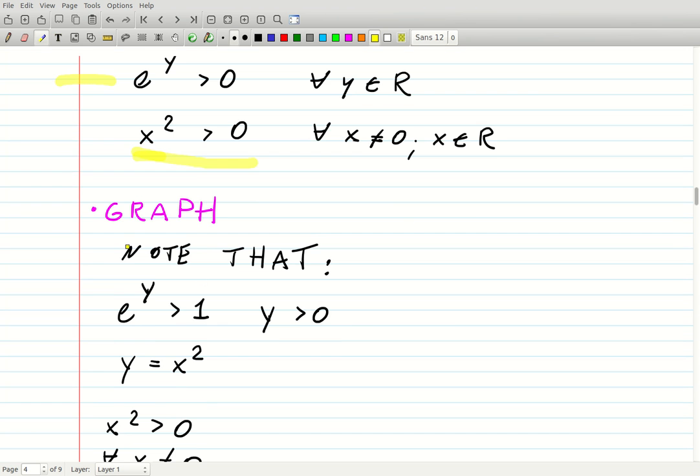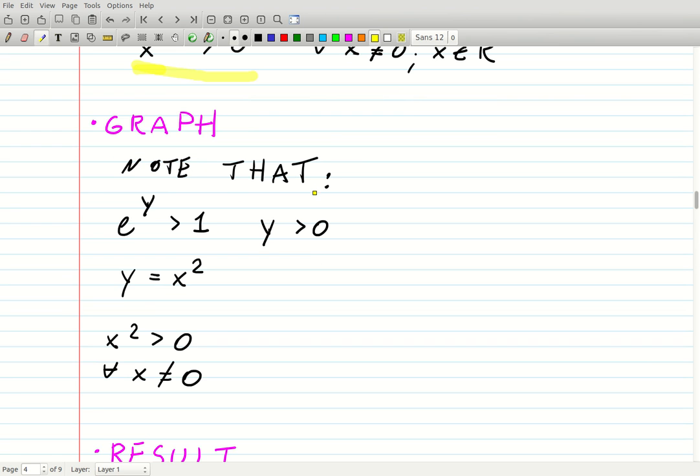Now we will make the graph of our elementary functions, and combining the graphs we obtain, we will arrive at our results. Note that probably we don't need to make the graph in this case, because e to y is greater than 1 if y is greater than 0. Okay, so we have to look at when y is greater than 0.